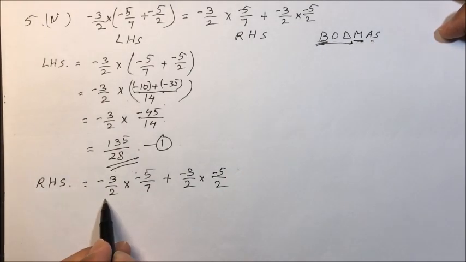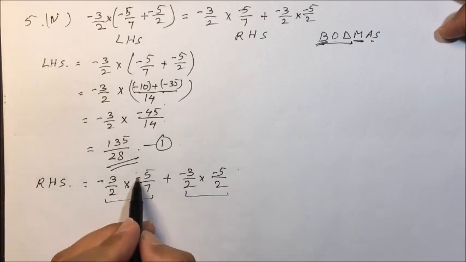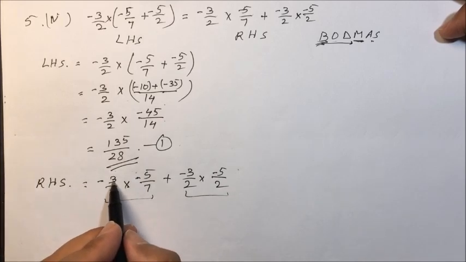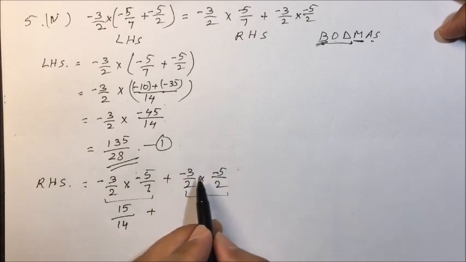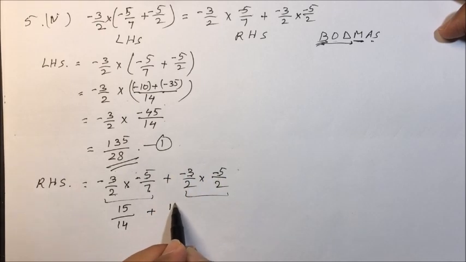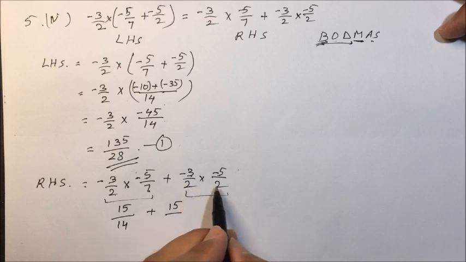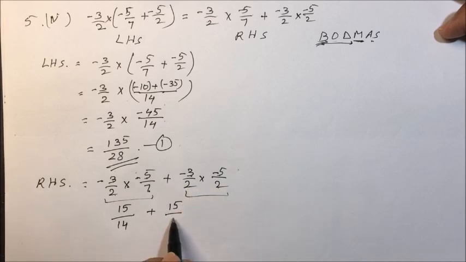First we will solve this and this. Minus minus becomes plus, 3 5s are 15, 2 into 7 is 14, plus minus minus becomes plus, 3 into 5 is 15 divided by 4.